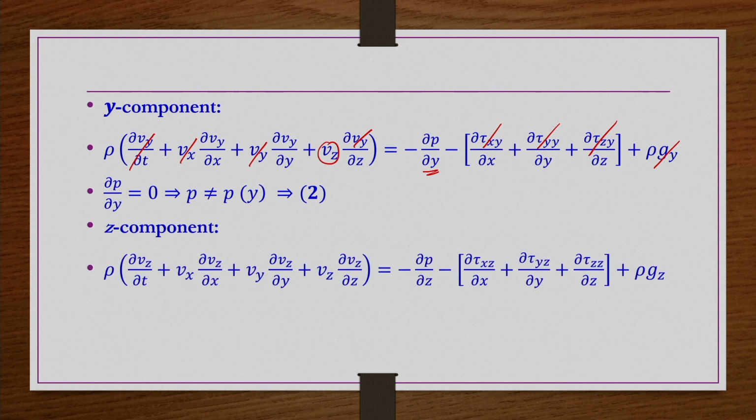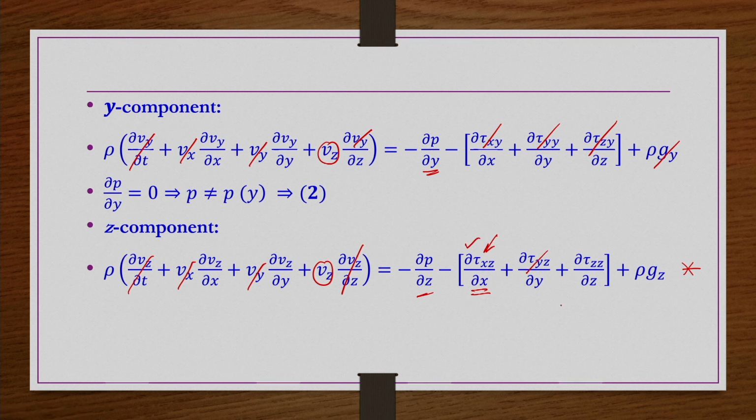Now the z component of the equation of motion in Cartesian coordinates for a non-Newtonian fluid, if you write, is what you have. So, steady state, this is 0. Vx is not there, Vy is not there, Vz is there, but Vz is not a function of z. So, this term is also 0. Pressure we do not know. Tau xz is existing and it is a function of x, so we cannot cancel it out, it should be there.